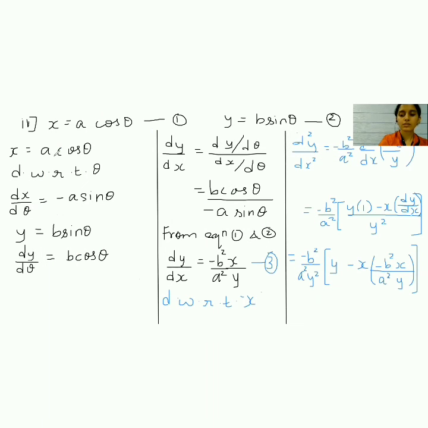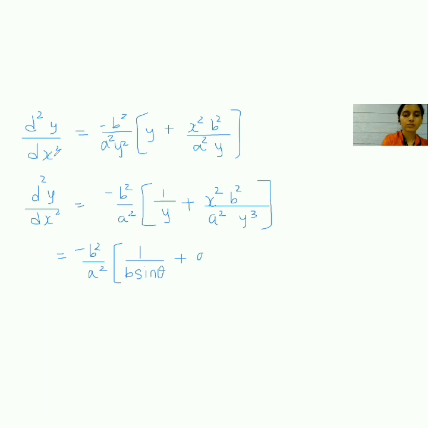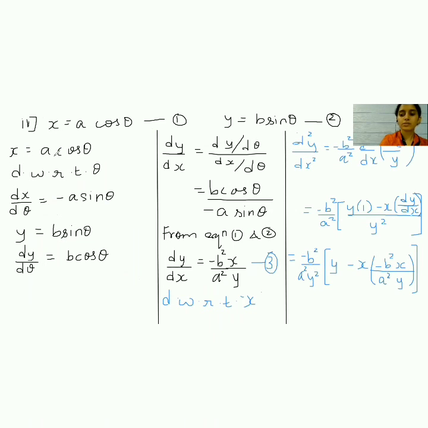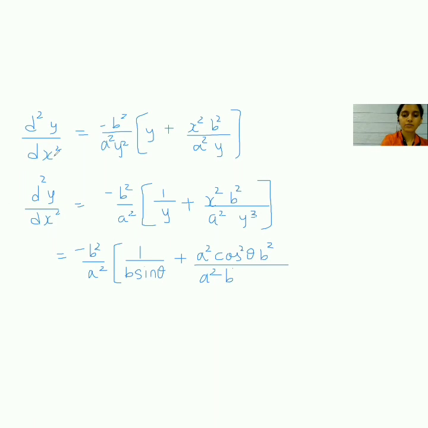It is a square cos square theta, because x square is needed. b square as it is, divided by a square. What is y cube? Y cube is b cube sine cube theta. So when I substitute here, you write from equations 1 and 2.